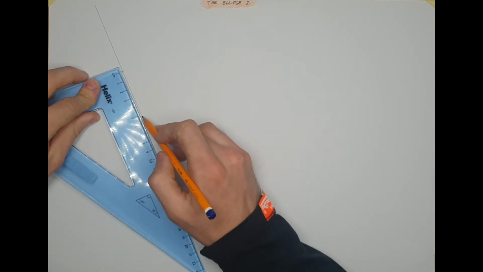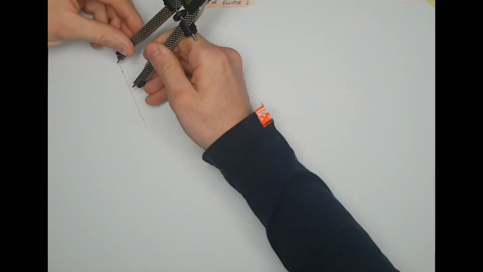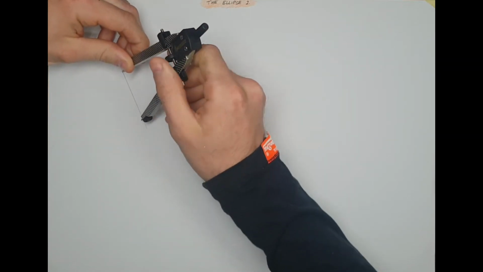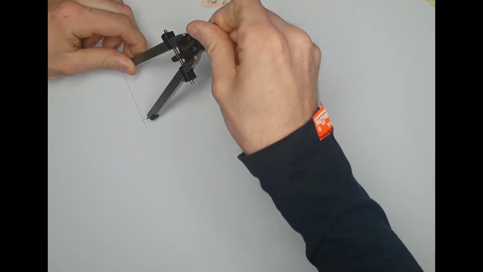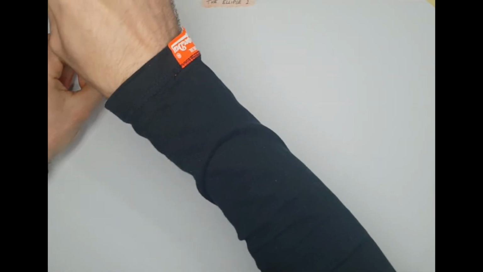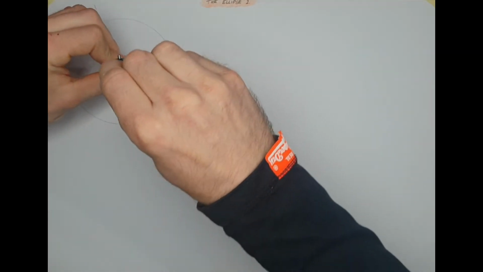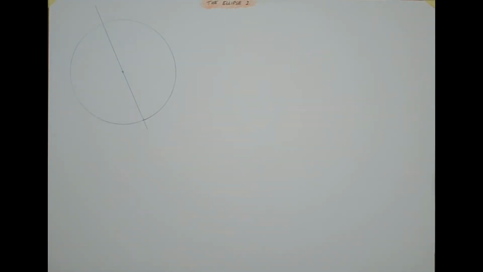So from the center point out 56. And I'm going to draw the major auxiliary circle.